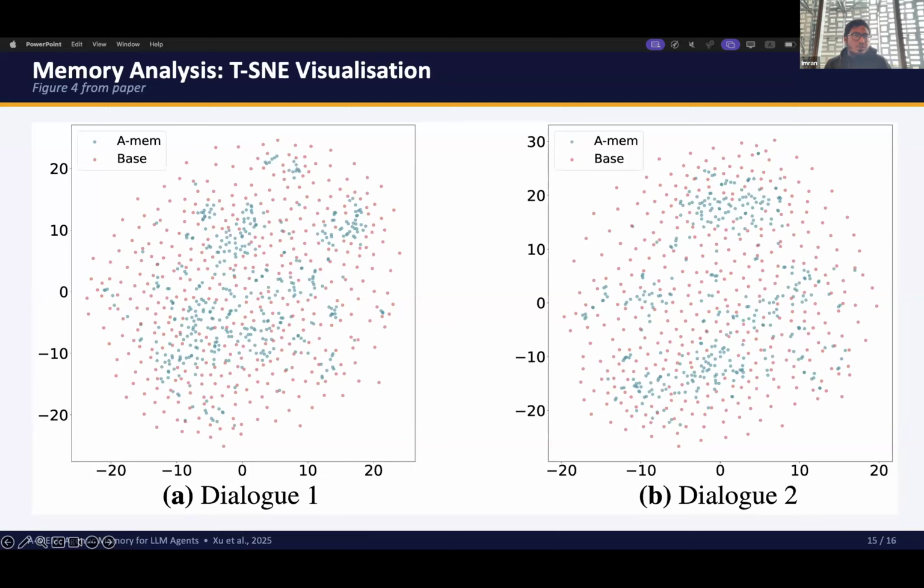What they tried to show is that the A-MEM ones form a cluster, which is better than the scattered base ones. Clustering is the main thing, because we want similar memories to be together, based on links and actual information, and thus get the best retrieval to generate the actual answer.